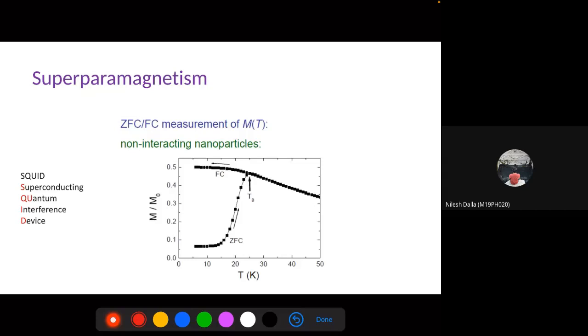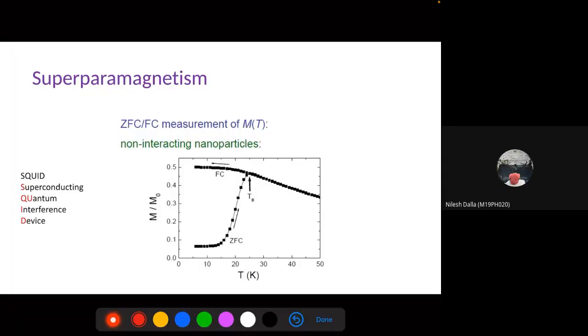Now, if my instrument's measurement time is 1 second, and I measure the magnetic moment in 1 second, but the particle takes 5 seconds to fluctuate, that means in that instrument the fluctuation has not happened for the particle. This is a very crucial, very delicate thing. It depends on the technique you are using to measure the blocking temperature.